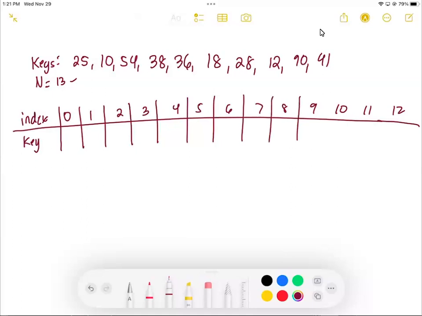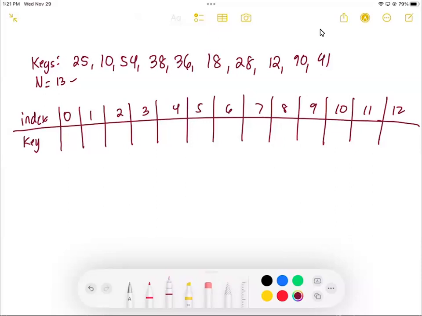So what we are going to do is to store these keys into our hash table. Essentially, the key will be converted into an index. So we have a hash function that converts the key into the index in the hash table.